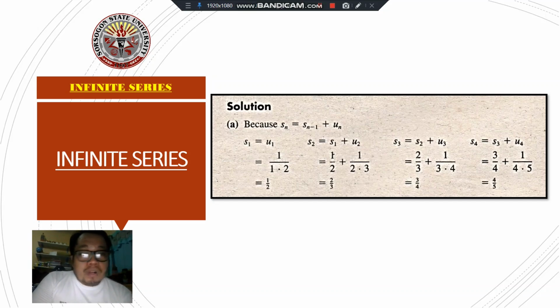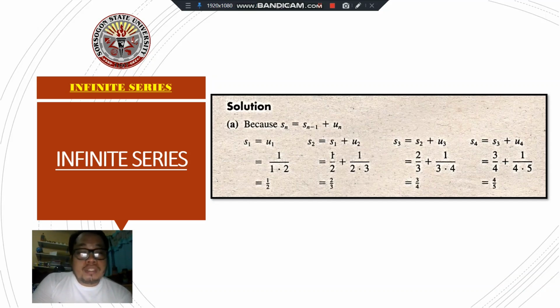Well, for the sum of the first four terms, that is equal to S sub 3 plus U sub 4. So that is equivalent to the sum of the first three terms added with the fourth term.